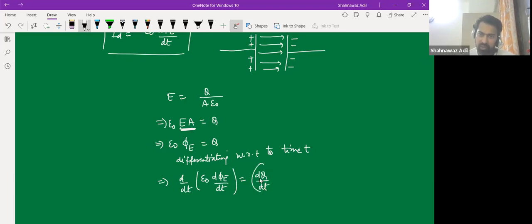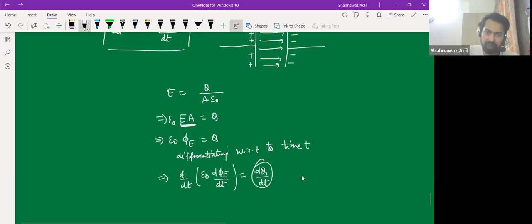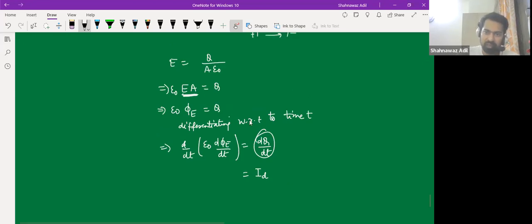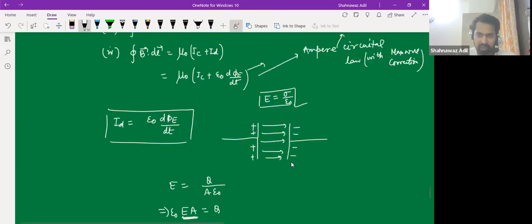And what is dQ by dt? That is current. That current we are calling displacement current, because there are no charges which are flowing in between the plates, right? There are no charges going from here to here.